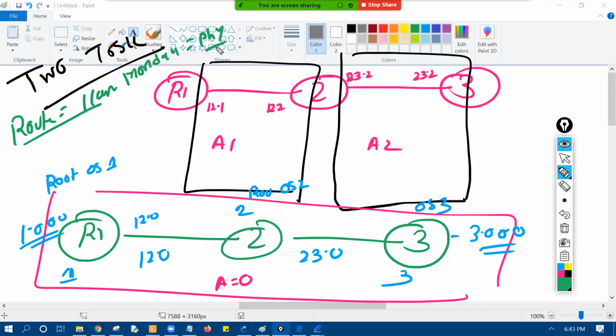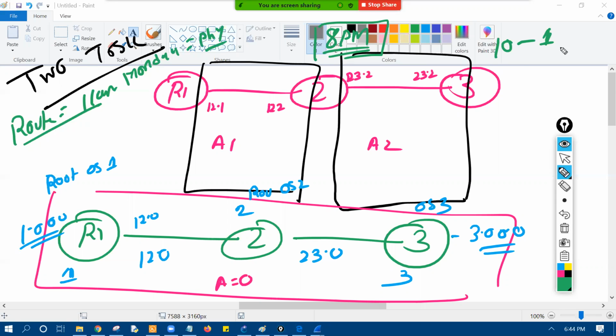Sir, for the weekend, can you do it in the evening or morning time? 8 p.m., sorry, evening. What time will the OSPF class be on the weekend? 8 p.m. is fine, or 7 p.m., tell me anything, because from 10 to 1 I'm busy.